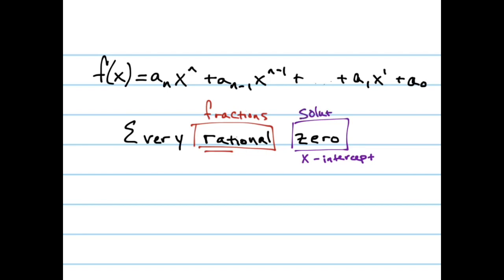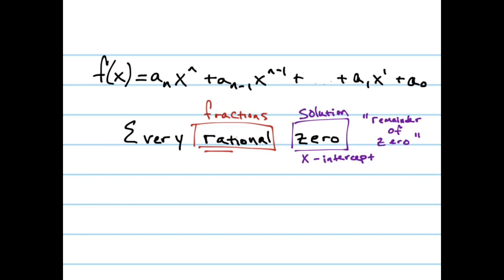Solution. And we learned last week with the remainder theorem that when we use synthetic substitution or synthetic division, we get a remainder of 0. So if we get a remainder of 0, we have a 0 or a solution or an x-intercept. So that's what we're going to be looking for to happen.